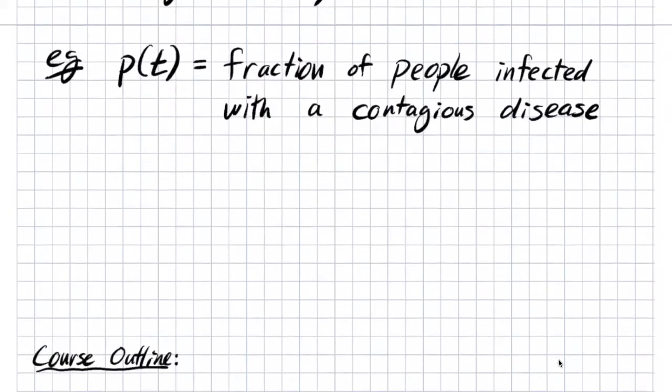Okay, so what is a good model here? Often they talk about how initially, when the pandemic is starting off and this fraction is quite small, it appears that the rate at which it's changing is proportional to the proportion of people who are infected.